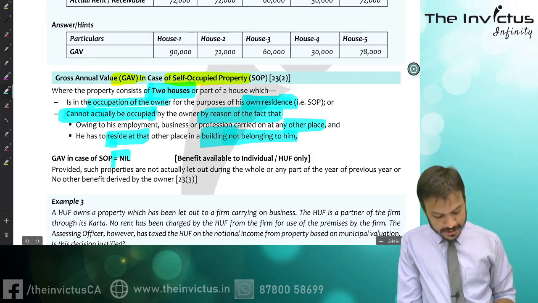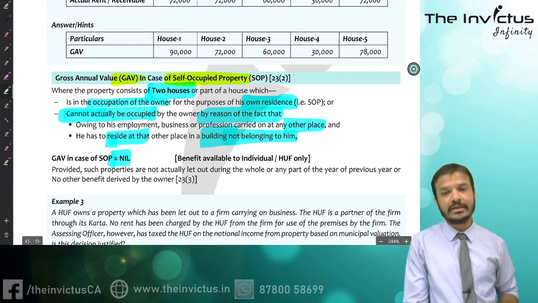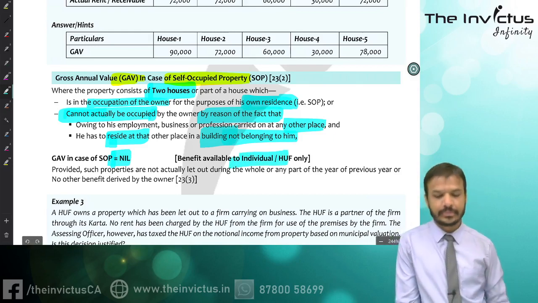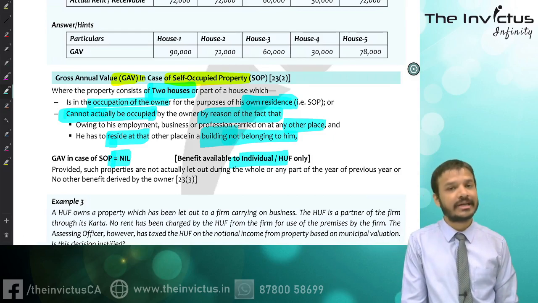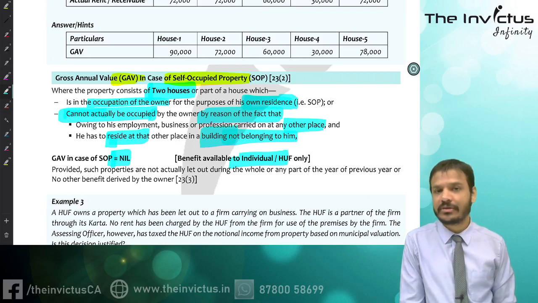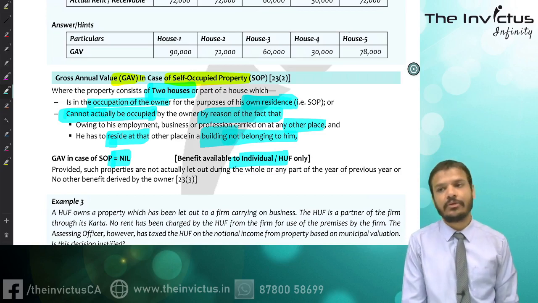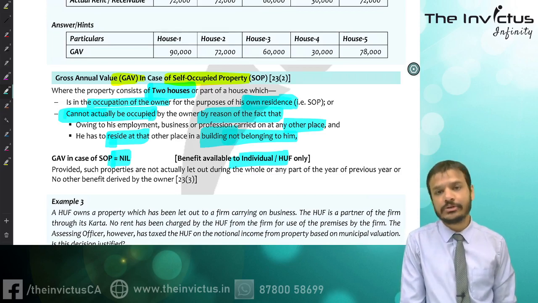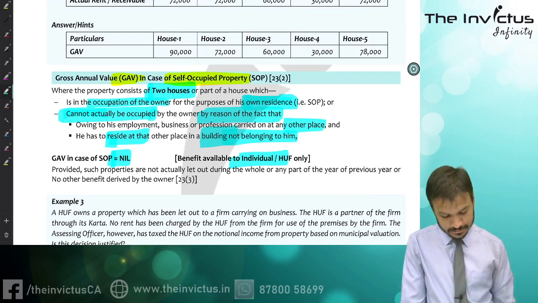Gross annual value in case of self-occupied property is nil, and such benefit is only available to individual and HUF. No other person can get this benefit. Company cannot have self-occupied property, firm cannot have self-occupied property. Self-occupied property is a benefit only for individuals. Clear?